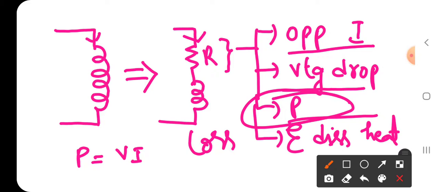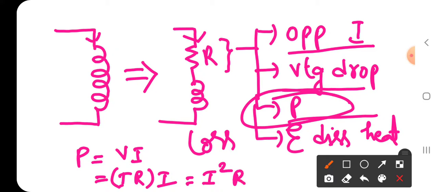From Ohm's law, if you apply it, what is Ohm's law? V is equal to IR. Therefore, IR times I, so hence it is I square R. So this power depends on the square of the current, because we cannot change the value of resistance. Resistance is constant.